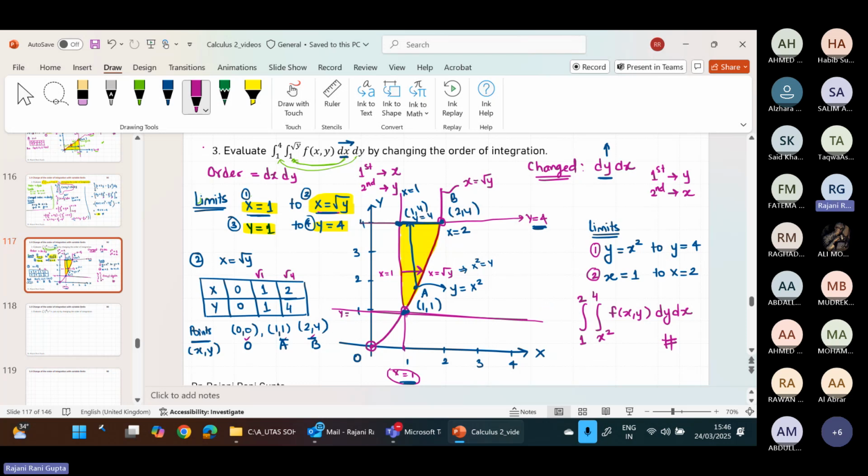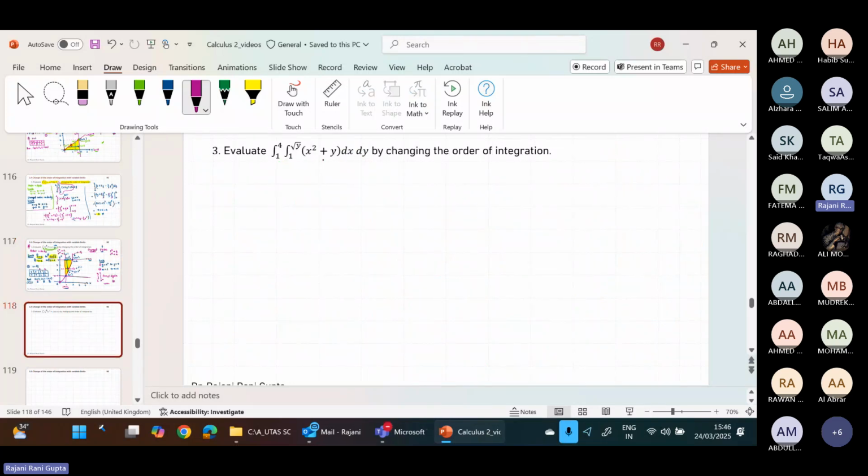Why I'm saying this is important? See, getting the points, drawing the graph to get the new limits, this is an important step because of the questions you will have. Suppose this is your question. These are the limits for x. These are limits of y. You have to change the order of integration. So you have to write it as x square plus y dy dx.